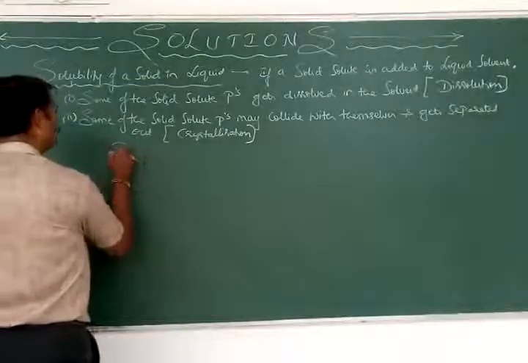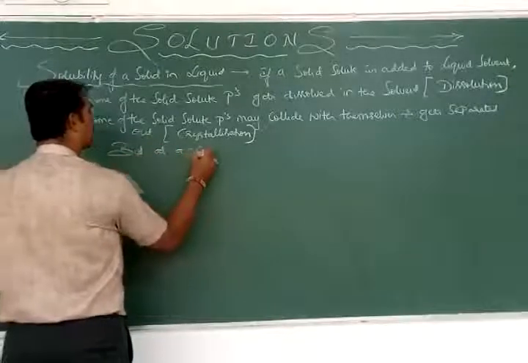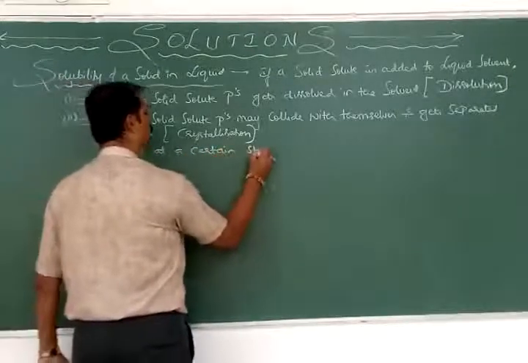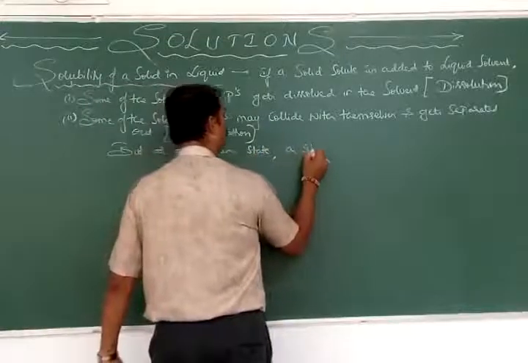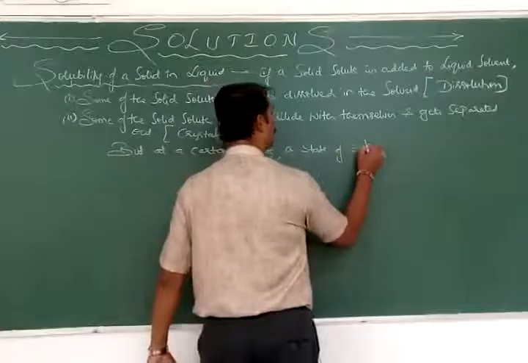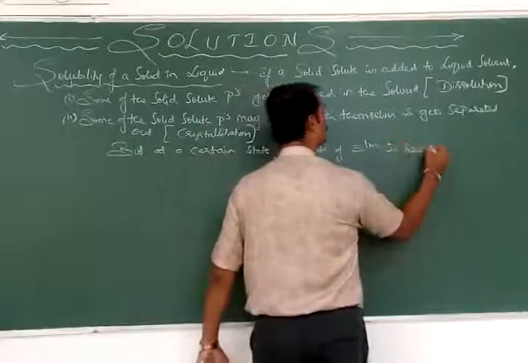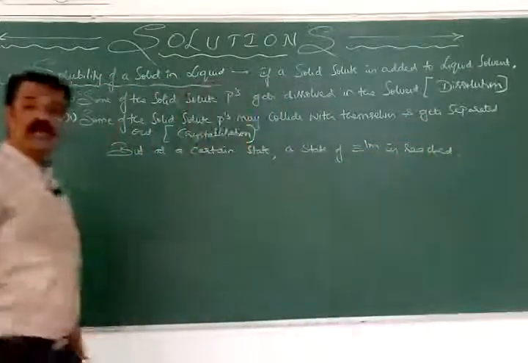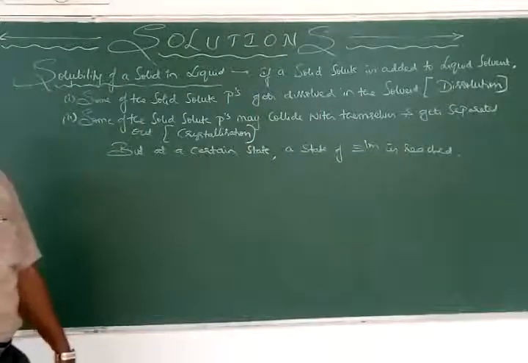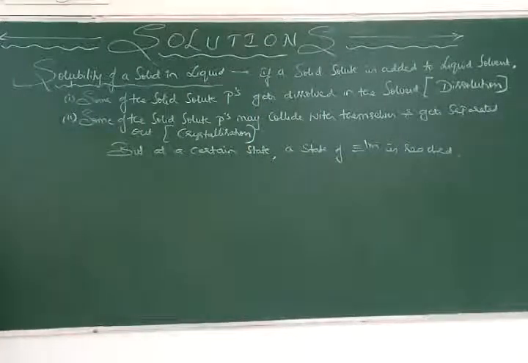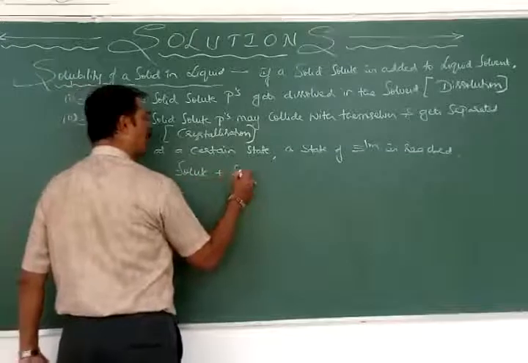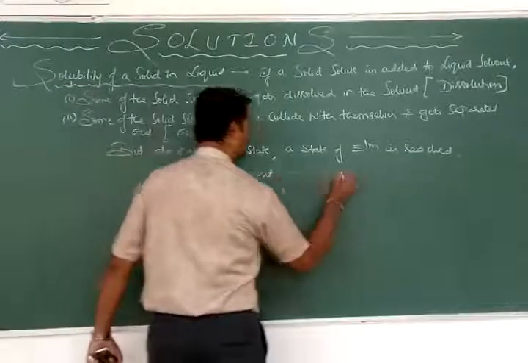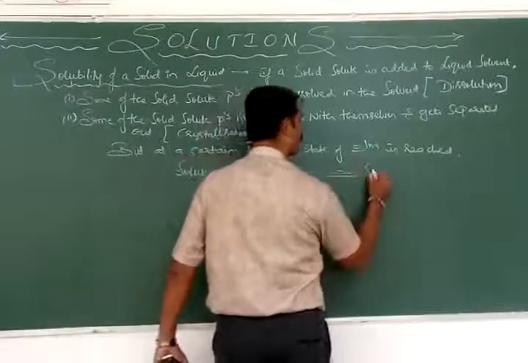But at a certain stage, a state of equilibrium is reached. There occurs an equilibrium between the dissolution and the crystallization. That is, solute plus solvent gives rise to solution.